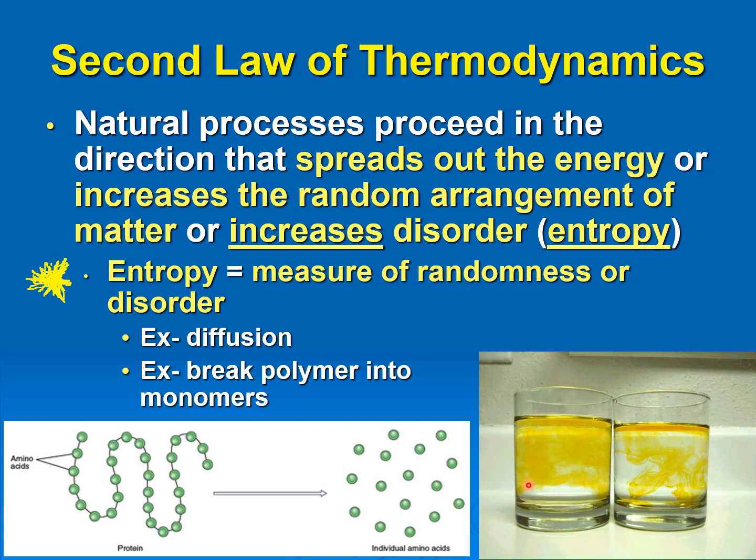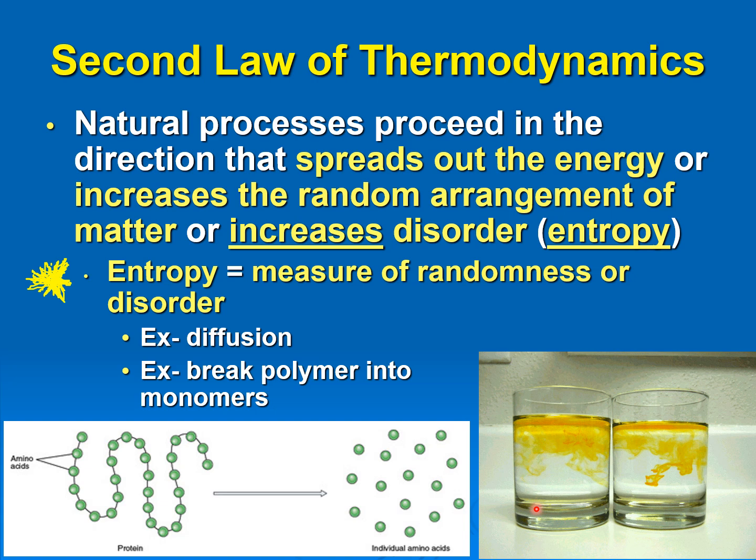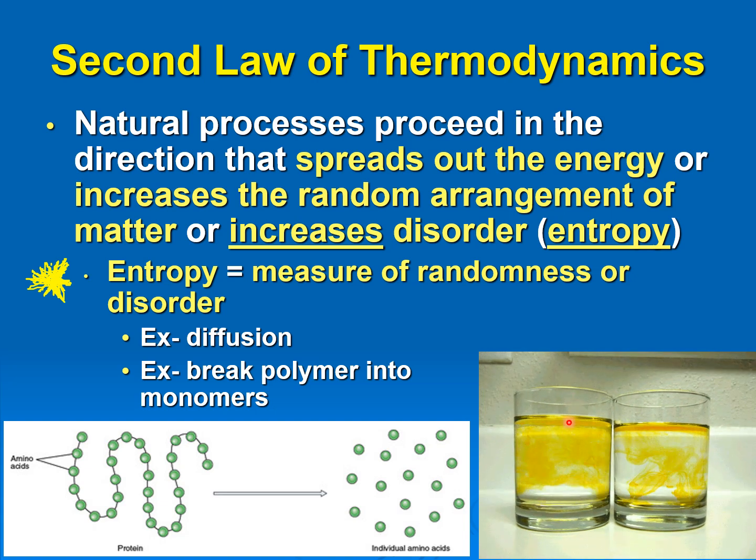It's gonna diffuse out until it's equal and spread out evenly throughout the water. Okay, so it just wants to spread out and become more randomly arranged and more disordered, more spread out from when it was concentrated from that one drop that you started off with.